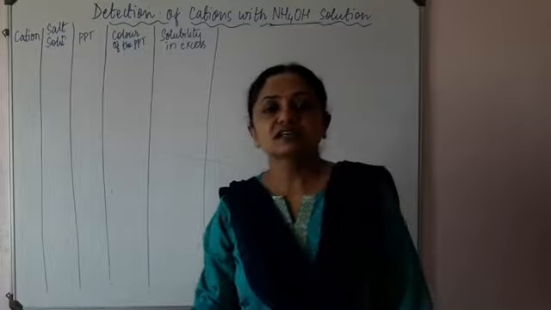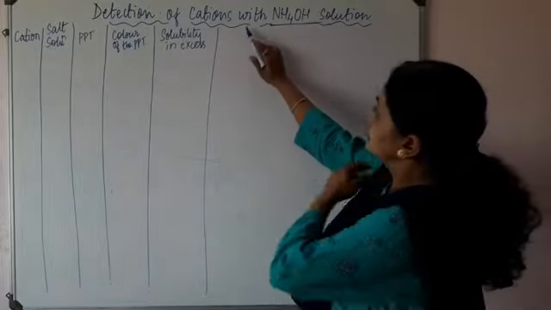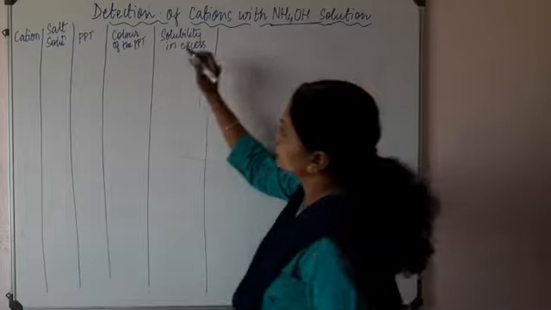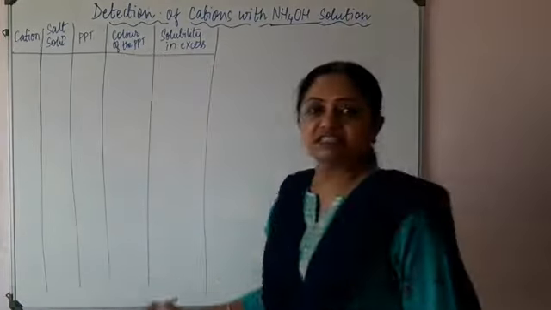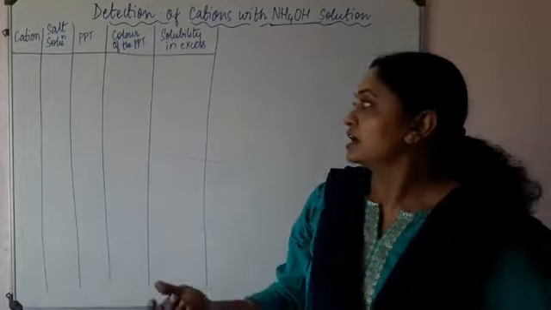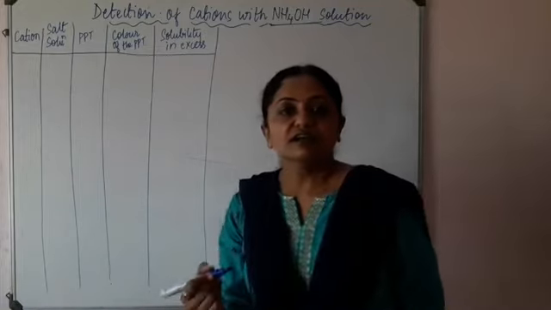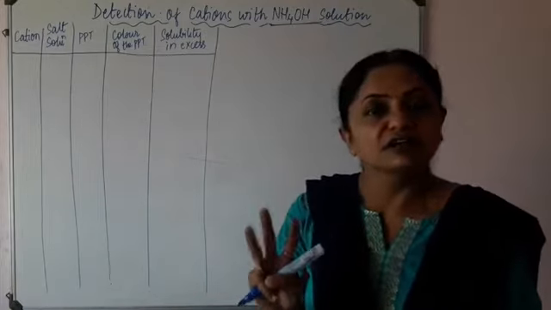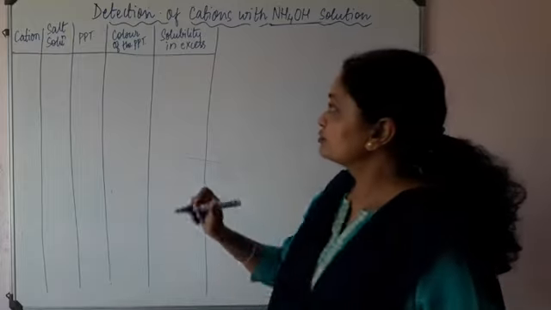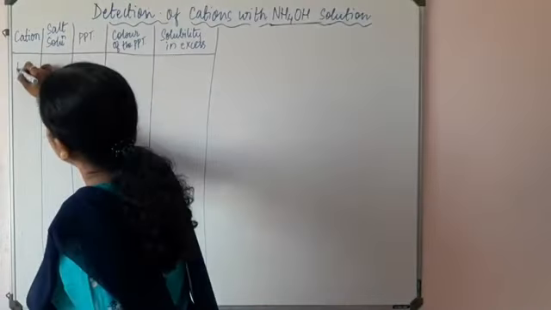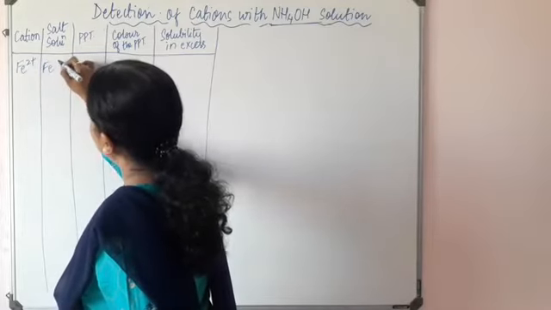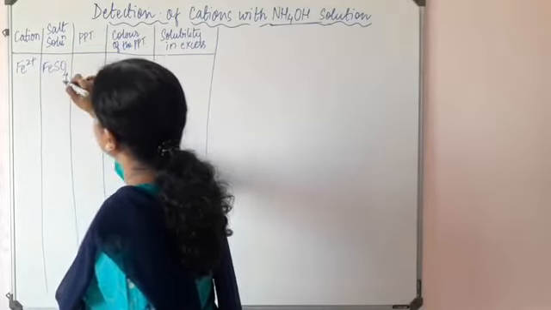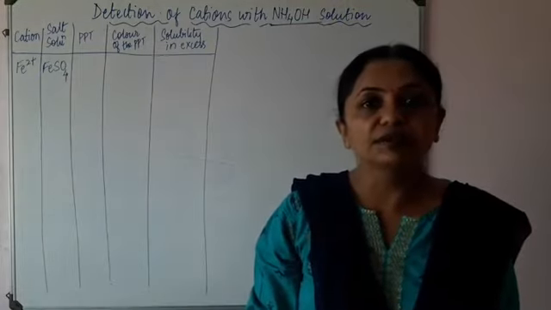Now in this case, detection of cation with ammonium hydroxide solution, again the same way the precipitation reaction takes place. Again we will take first three colored salt solutions. The first colored salt solution is ferrous sulfate. Or you can take ferrous chloride, any soluble salt of iron.